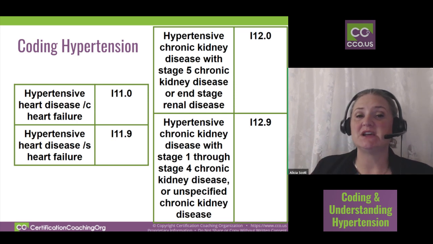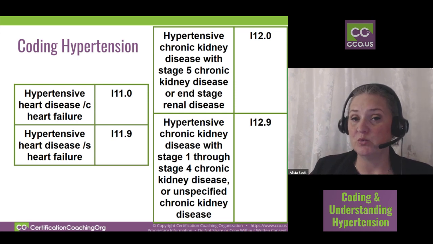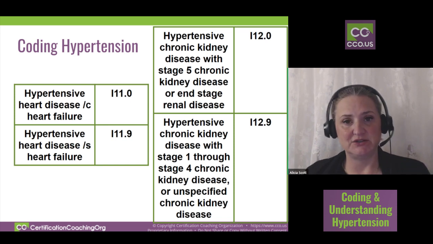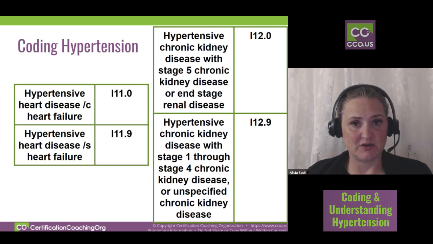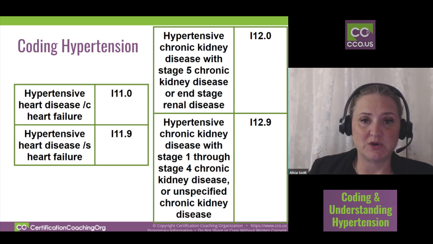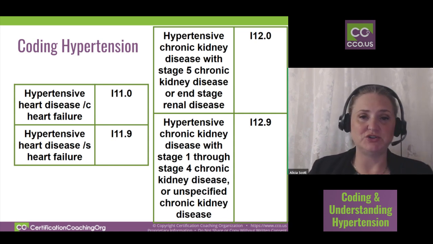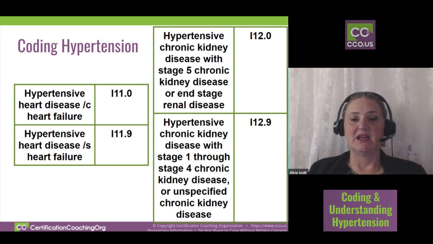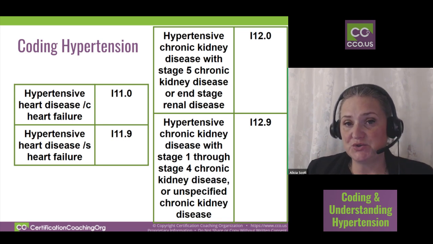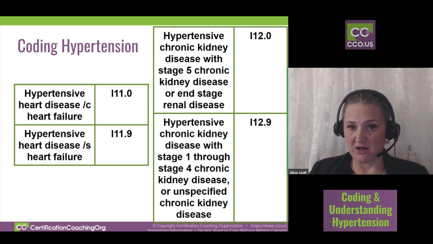You have two options: I11.0 with heart failure, add another code for the heart failure type, and I11.9 without heart failure, you don't need an additional code. I12 has a couple of choices as well.